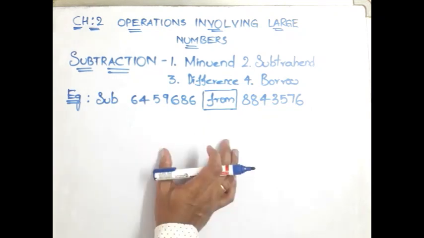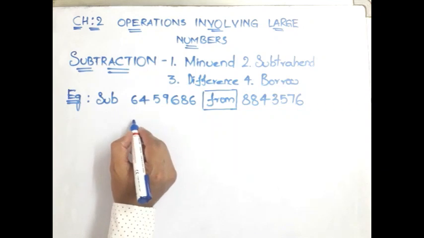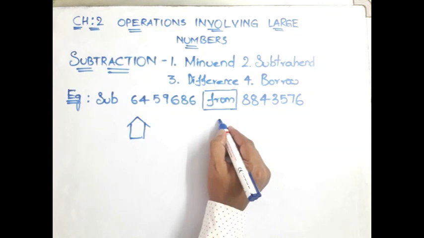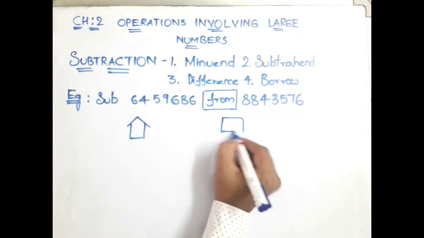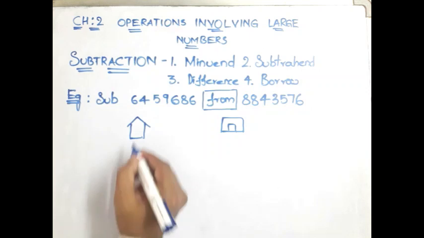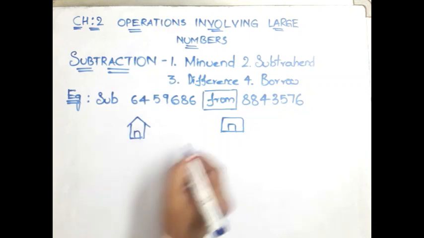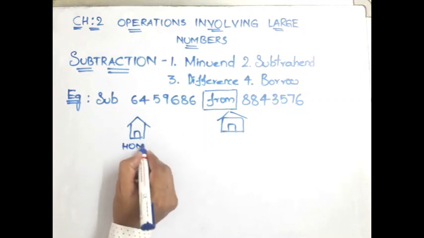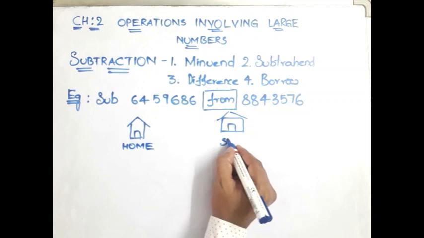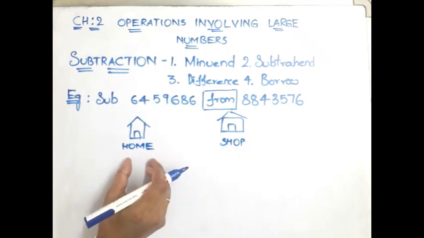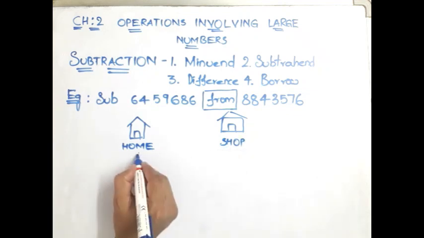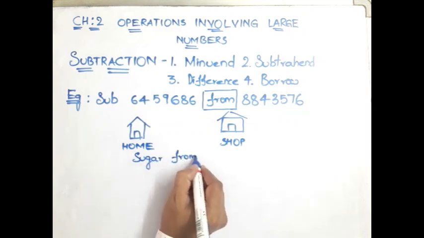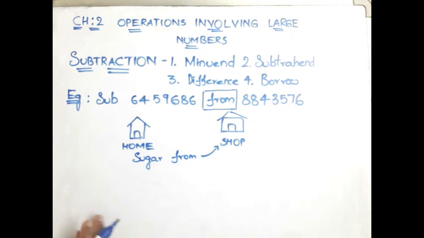For this, let us look at an example. This is your home and there is a shop over here. If you were asked to bring sugar from the shop, what will you do?